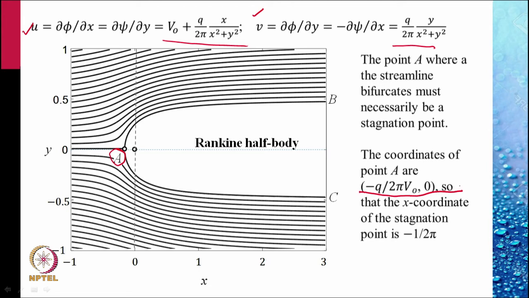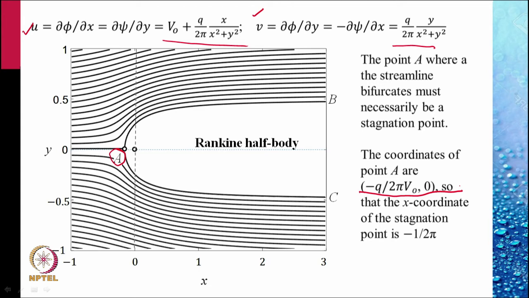Thus, the point A has the coordinates minus q divided by twice pi V naught and 0. For the values of q and V naught both equal to 1 for this picture, this point is located at minus 1 divided by twice pi and 0 in this picture.